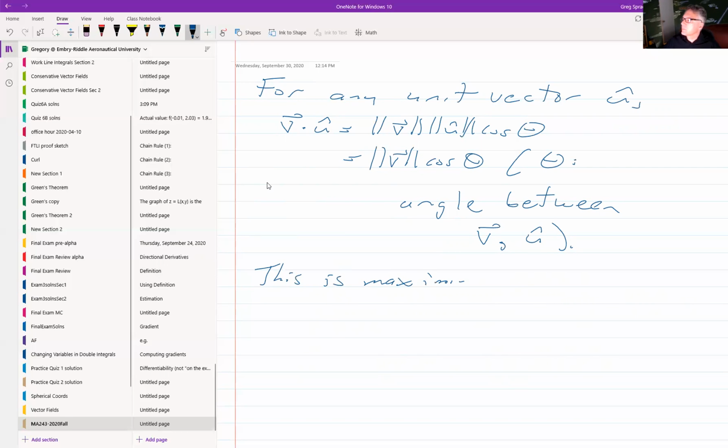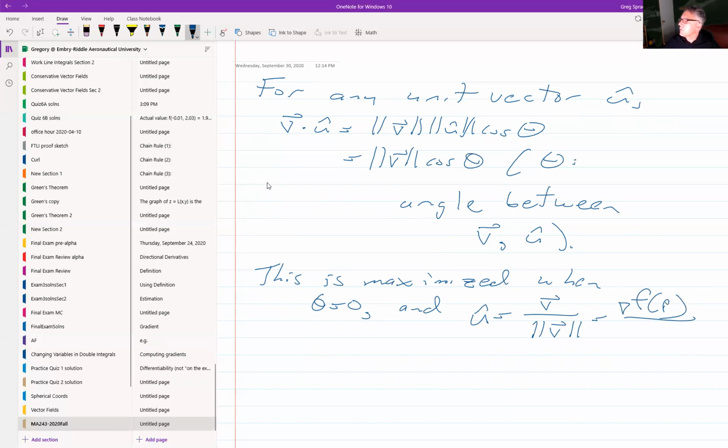Now this is maximized when the angle is 0. And that happens when u hat is in the same direction as v. So u is v over length v, which is the gradient of f at p over the length of the gradient of f at p.